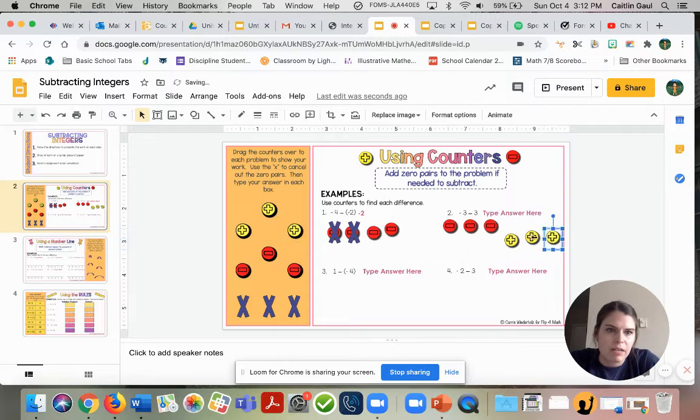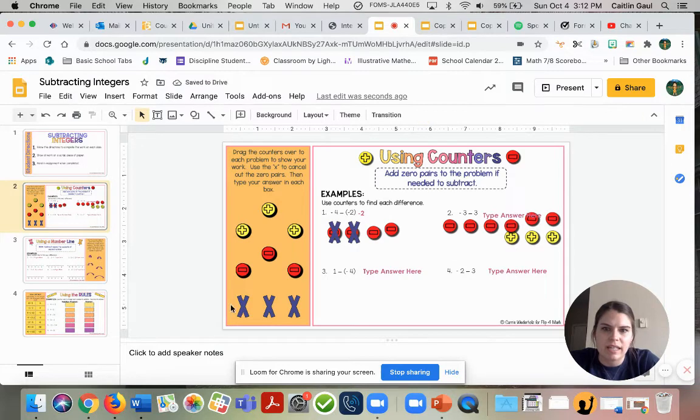But in order to get rid of these 3 positives, I have to create zeros with them, which means if I drag 3 positives on here, to make them zeros, to get rid of them, which is what the question wants me to do, I'm also going to drag 3 more negatives on there, because again, remember, a negative and a positive make a 0.